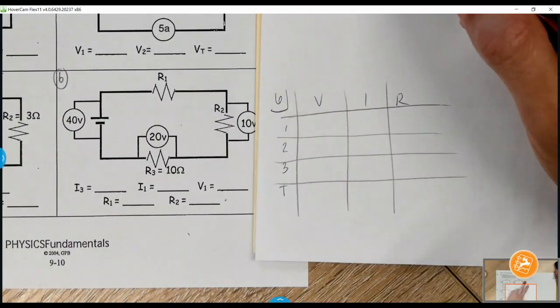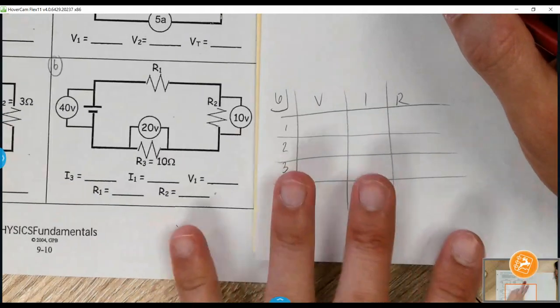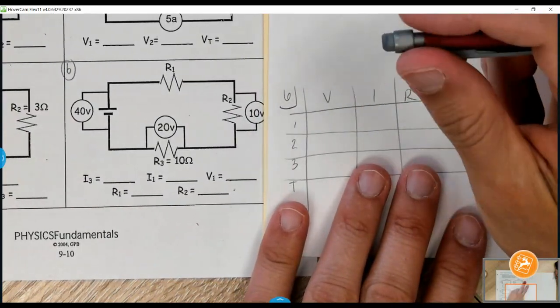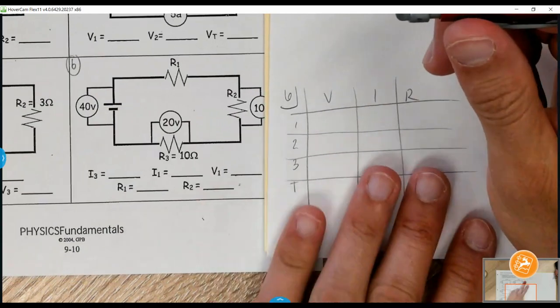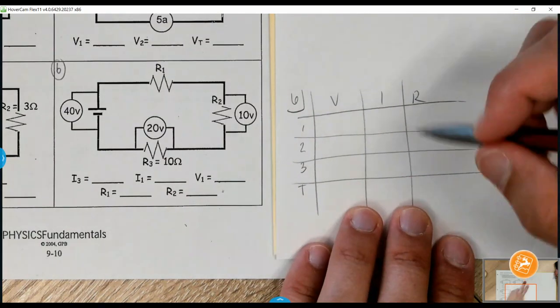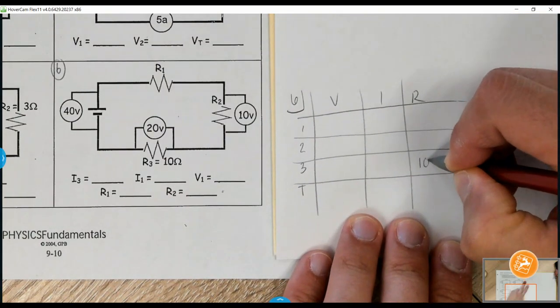All right, what do we know? Someone help me out here real quick. What piece of information do you know? R3. Okay, R3, we're writing in 10.